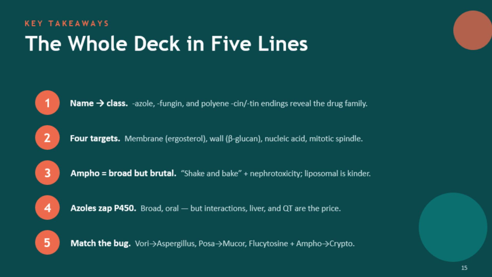Amphotericin is broad but brutal, shake and bake plus nephrotoxicity, with liposomal being the kinder option. 4. Azoles, ZAP-P450, broad and oral, but you pay with interactions, liver toxicity and QT prolongation. And 5. Match the bug: vori to Aspergillus, posa to mucor, and flucytosine plus amphotericin for Cryptococcus.